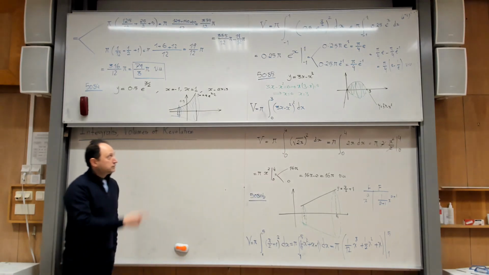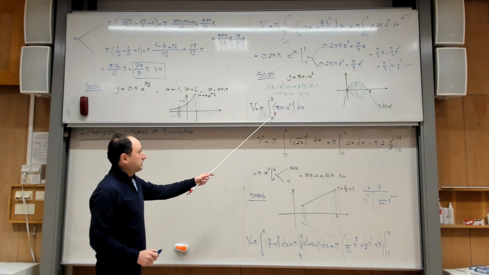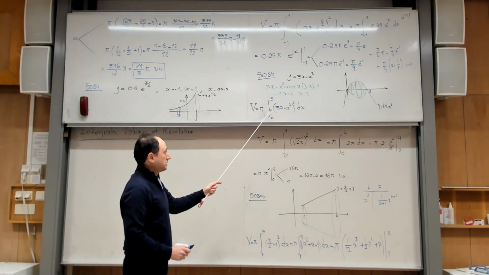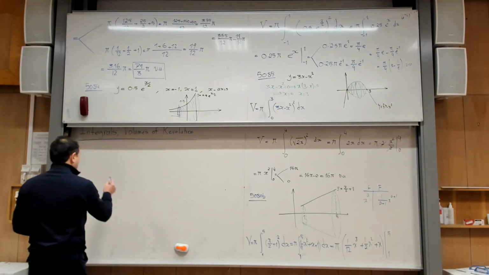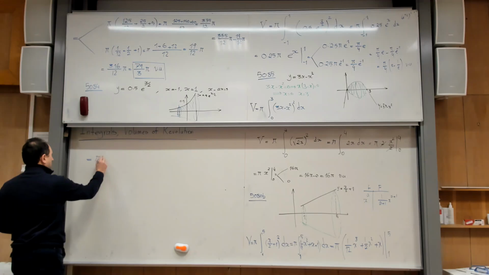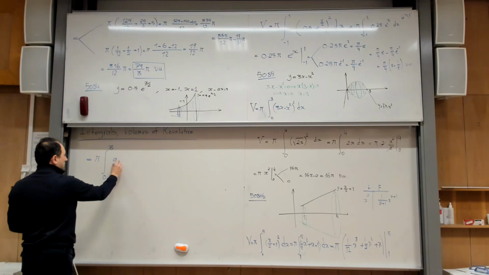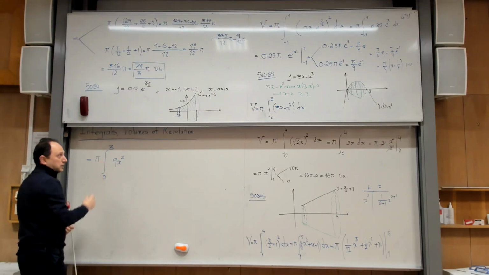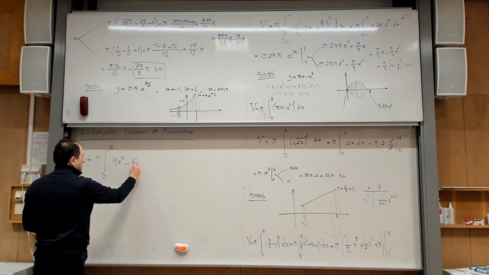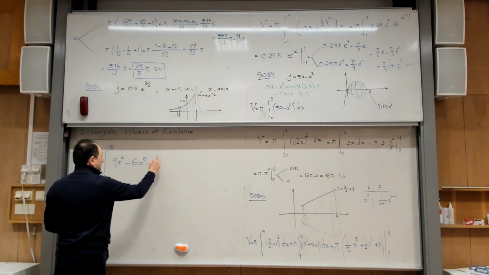Okay, so we have to calculate that integral, but I have to square it. So the first one squared, 2 times the first one times the second one, plus the second one squared. So this becomes equal to pi integral from 0 to 3. The first one squared is 9x squared. 2 times the first one becomes 6x, and I multiplied by negative x squared, so it becomes minus 6x cubed. And then the second one squared is x to the 4. And then I have dx.